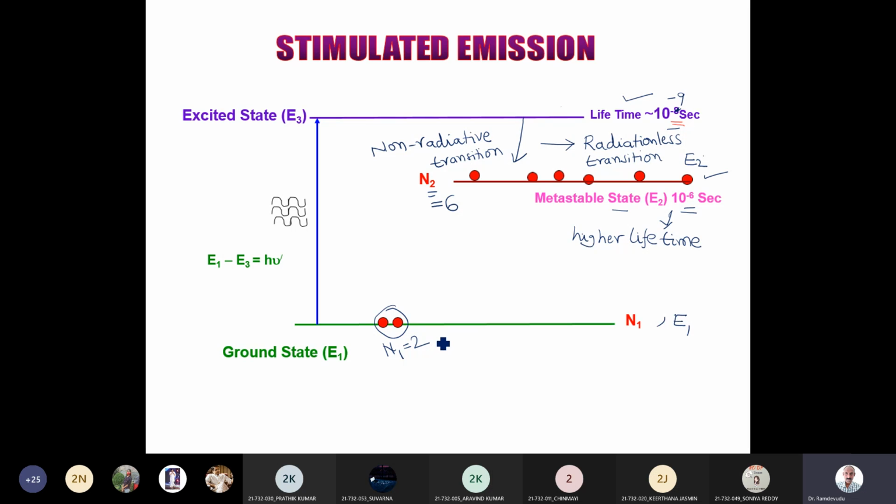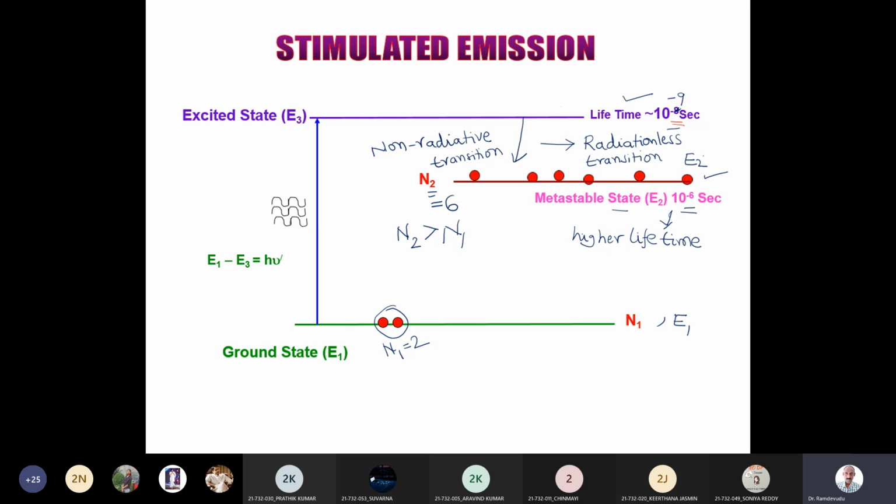In most cases, under thermal equilibrium, we have more atoms in E1, and therefore N1 is always greater. But here we have a situation where N2, the number of atoms in E2, is greater than the number of atoms in the lower energy state.